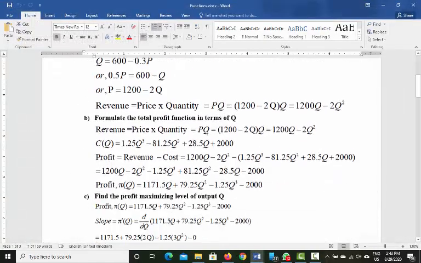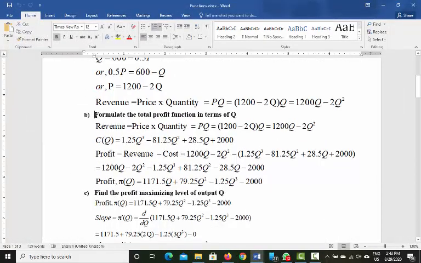Now the second question is asking: formulate the total profit function in terms of Q. Right, now we need to find out the profit function in terms of Q. That means in the profit function only Q can be there.